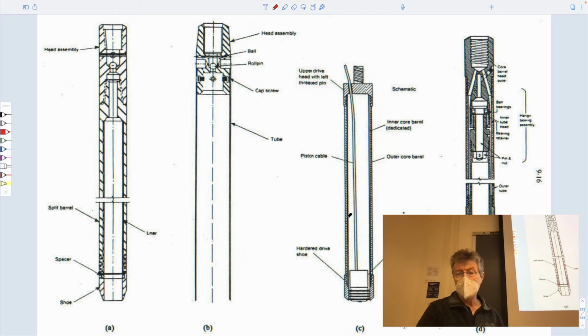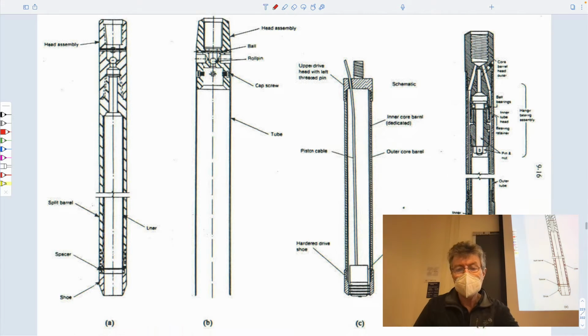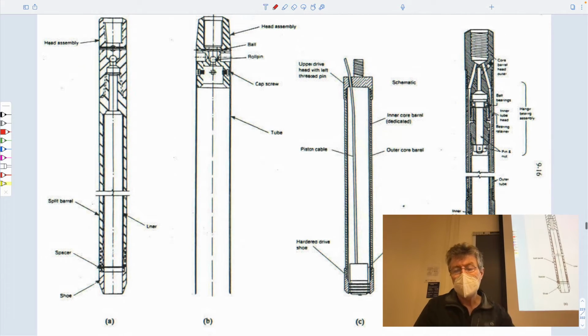And this one on the far right, if you look at the key, is a rotary sample from a coring bit, which we talked about last time, where the fluid comes down here, it gets diverted around the core barrel, comes out at the business end of the shoe, the cutting shoe, hits the sample here and gets returned up the other side of the annulus.